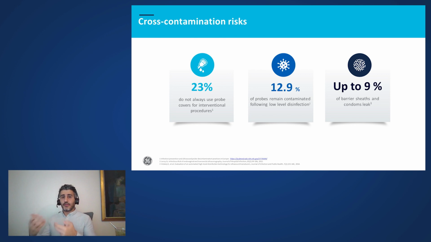We can also find that 12.9% of probes used in hospitals still remain contaminated following low-level disinfection, and that up to 9% of covers used in hospitals lack the high barrier quality which is needed, and they leak.